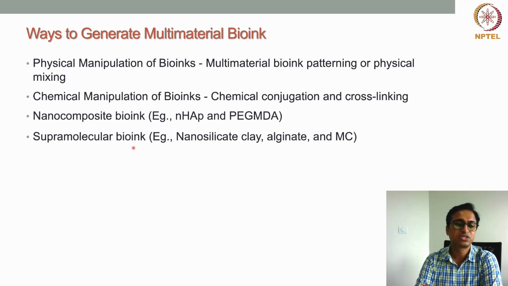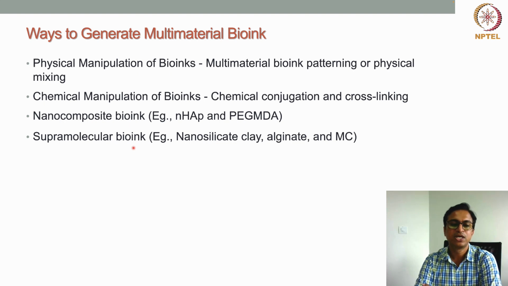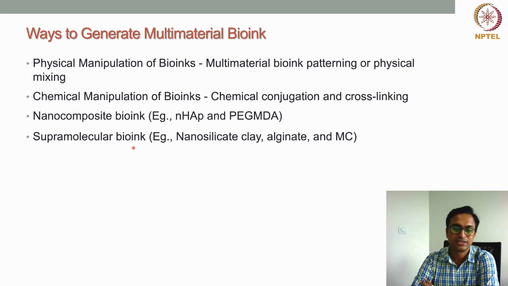Both the different components can be cross-linked separately and used. An example is nanosilicate clay, alginate, and MC. When these are mixed together to develop a bioink, they each have their own hydrogel network, but they can be mixed, and some kind of interaction between the different components can be possible. They can then be used as a bioink for making different architectures.